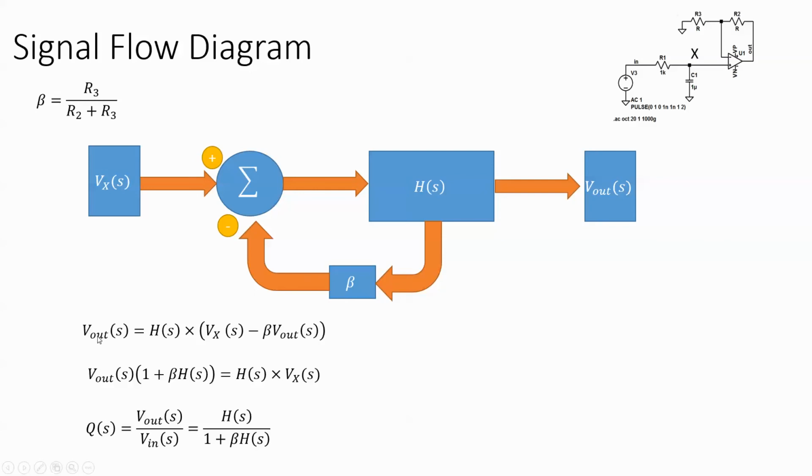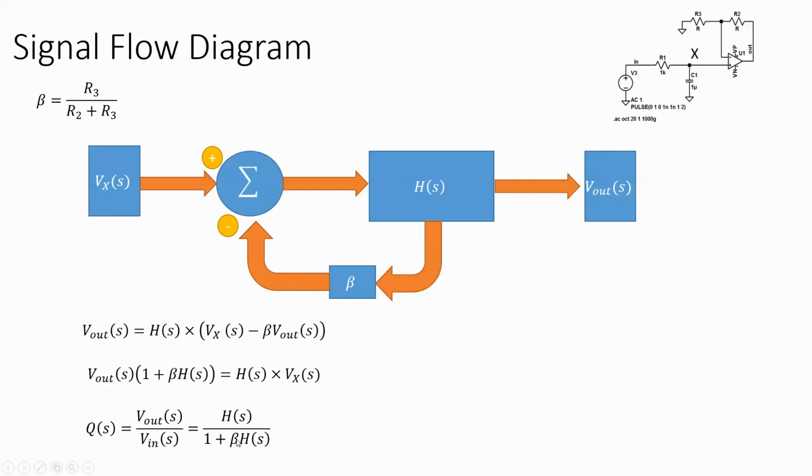So we just write this out: V out equals H(s), because that's part of the feedback and part of the input, so we pull that out. Then we have Vx(s) minus beta V out, that minus because of the negative feedback. We collect the terms and then solve for a new transfer function, Q(s), from here to here, not the H(s) of the op-amp. And then we get this generic form, H(s) over 1 plus beta H(s).